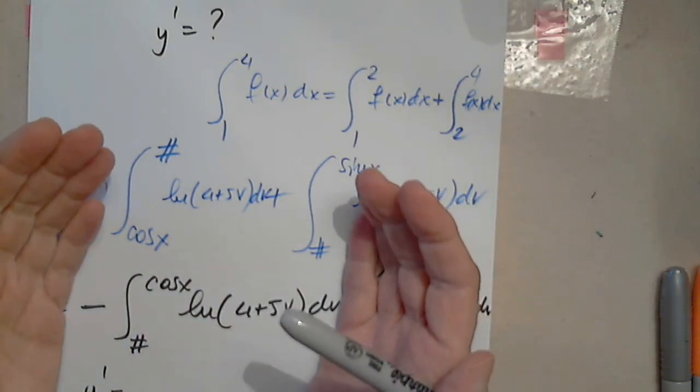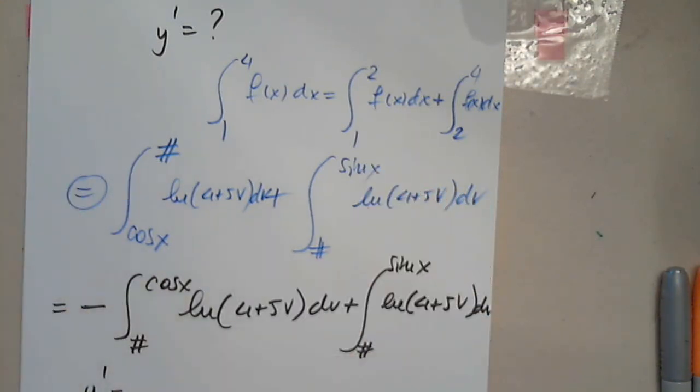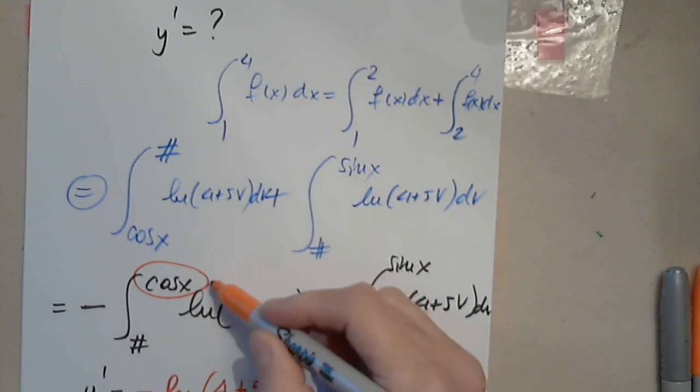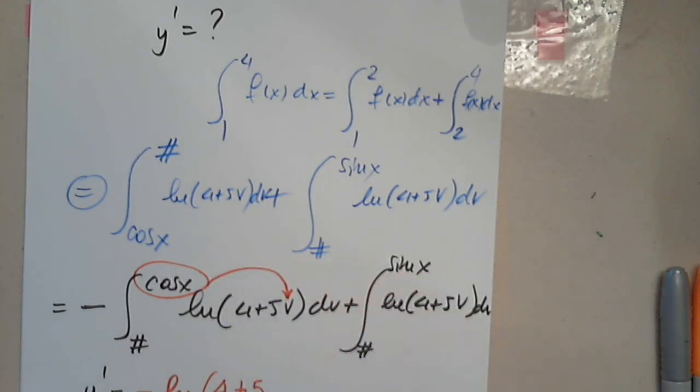So when I differentiate this, what do I get? I have to copy the minus. And then, minus 1. Natural log of 4 plus 5 cosine x, times the inner function prime, minus sine x.